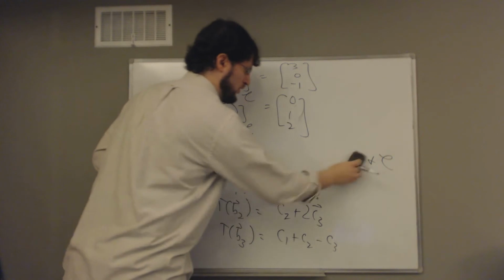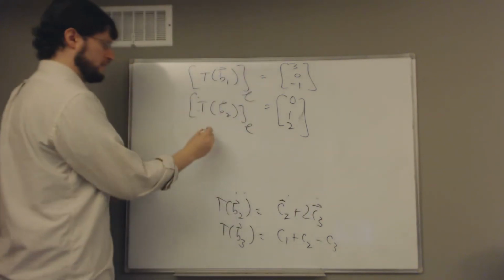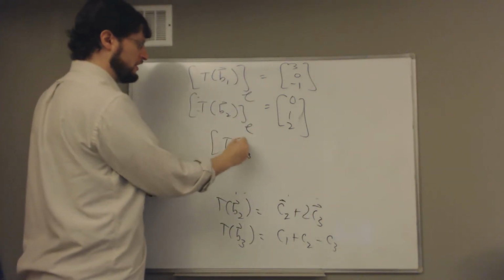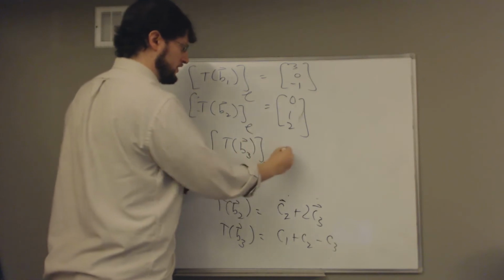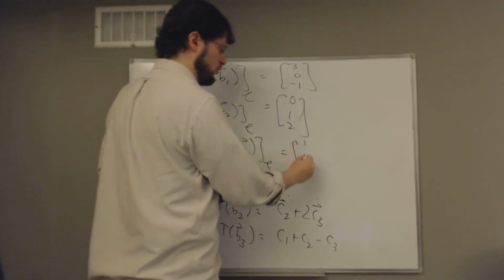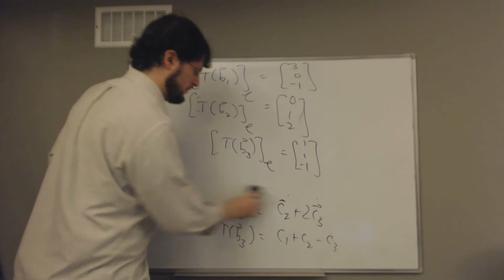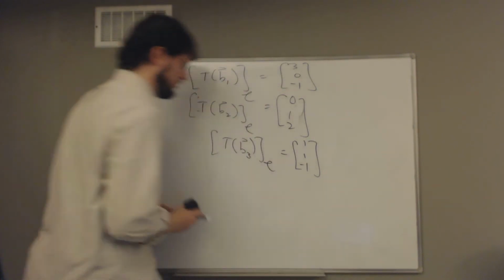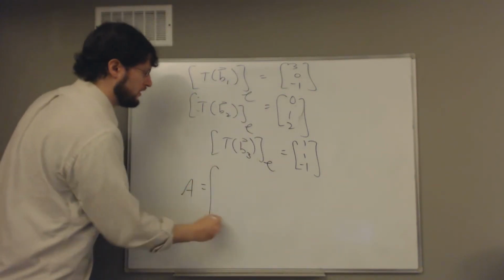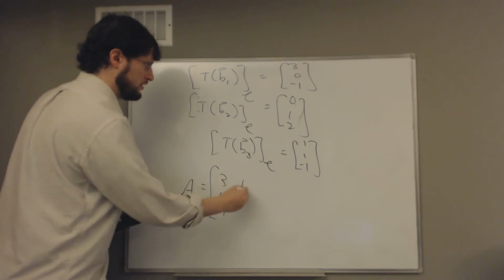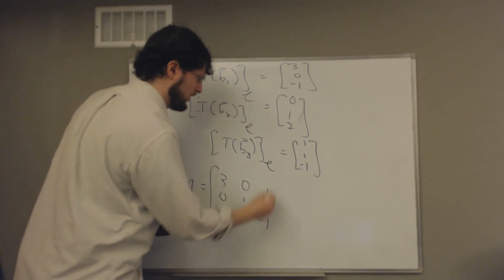And finally, for the third one, we get the coordinates of T of B3 relative to C, and we get 1, 1, minus 1, which means our matrix A is just 3, 0, minus 1, 0, 1, 2, 1, 1, minus 1.